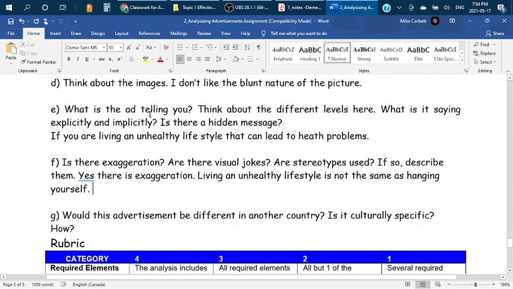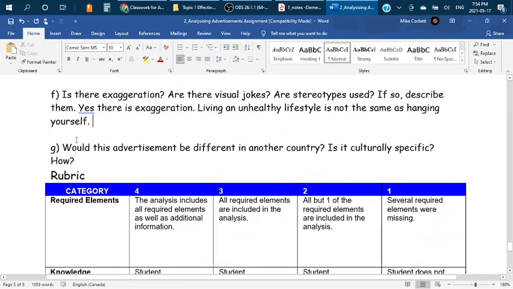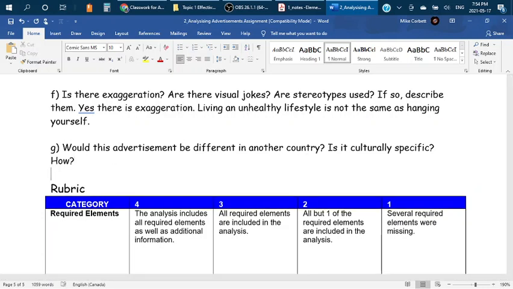Again, you can answer that however you like, and then there are no jokes, stereotypes. Again, if you see them, feel free to point them out here. And would this advertisement be different in another country? And if so, how? It certainly might be. Again, this is more of an opinion question. In a different culture, would they view this in a different way?